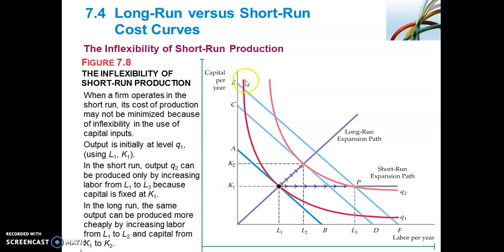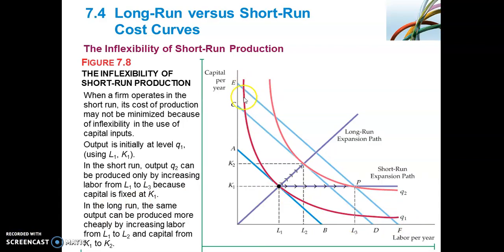And the output Q1 can be produced with the combination of the two inputs K1 and L1, and that is a point on the isocost line AB. So this is the cost minimizing combination of the two inputs K1 and L1 that will produce this output Q1.